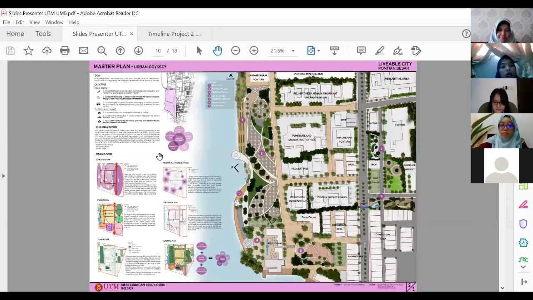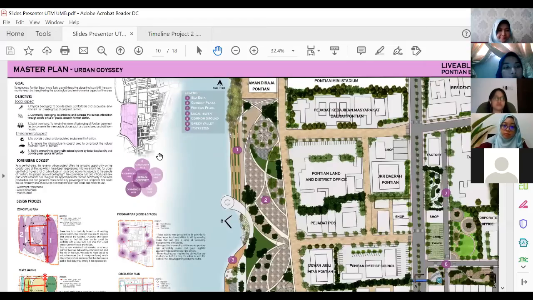So this is my landscape project that I call Urban Odyssey. These are the zones of the Urban Odyssey near the seaside, and it is also known as the town center of Pontian Besar.